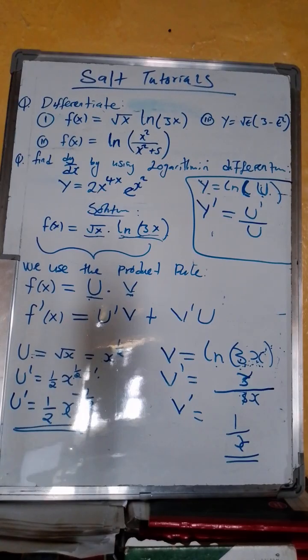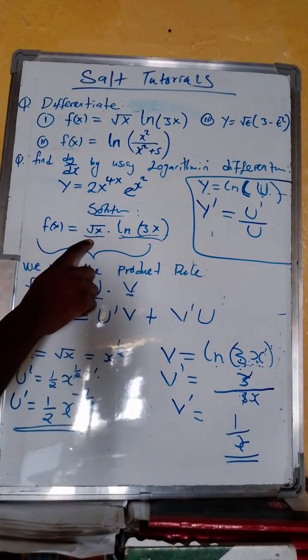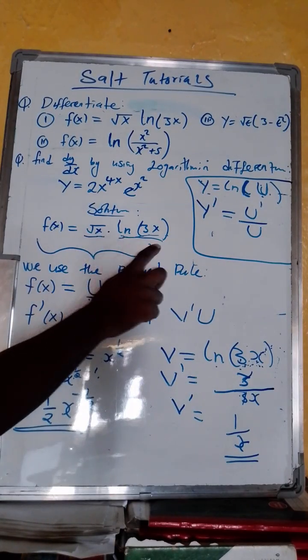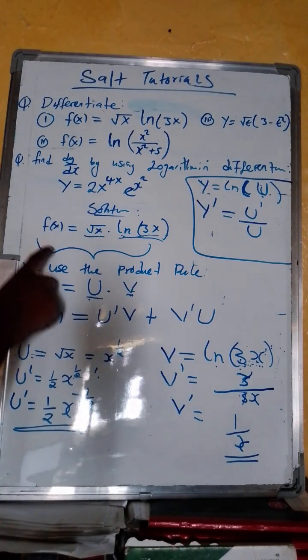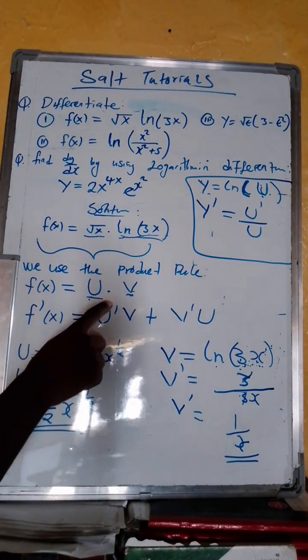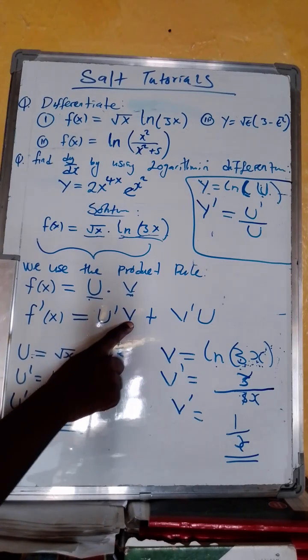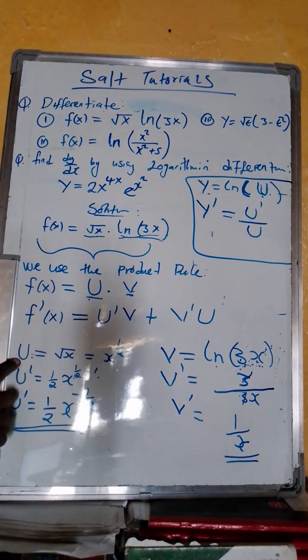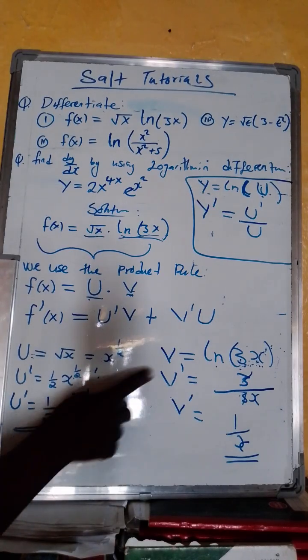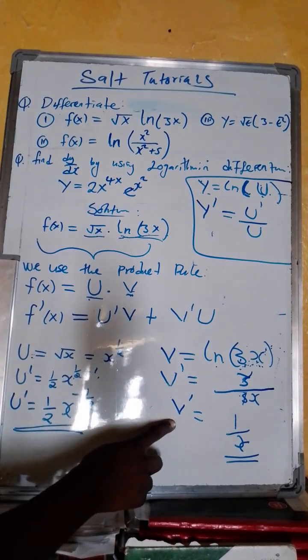So if we see what has happened here, according to this f of x, which was a product of two functions, function u and function v, we know that f prime of x can only be found by u prime multiplied by v plus v prime multiplied by u. We have found our u, we know our u prime, we know our v, we know our v prime.